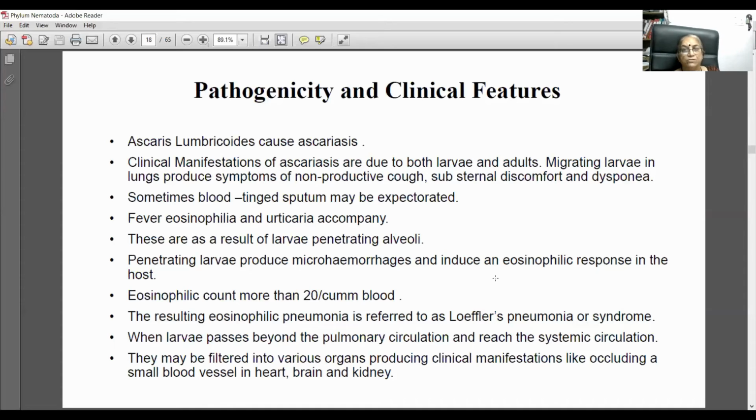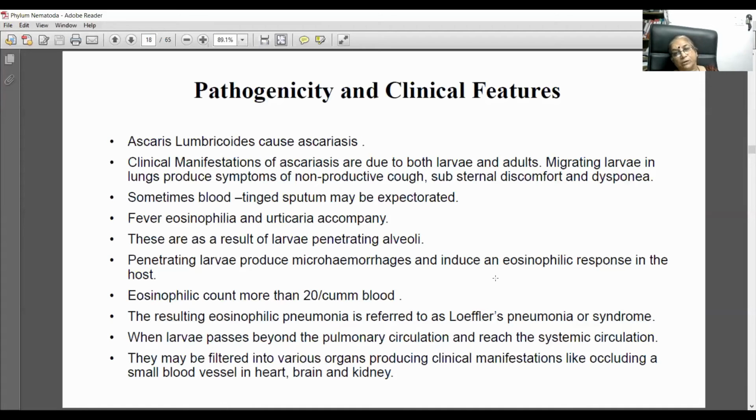Because of the heaviness of the lungs, the person feels discomfort at the substernal region, and has difficulty in breathing because the air spaces are blocked. So these are the features of pneumonia: fever, pain in the chest, discomfort at the substernal region, dyspnea. Because of this infection, eosinophilic pneumonia is referred to as Loeffler's pneumonia or Loeffler's syndrome.